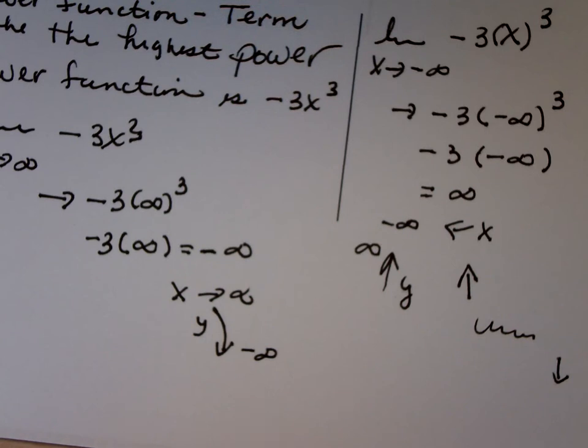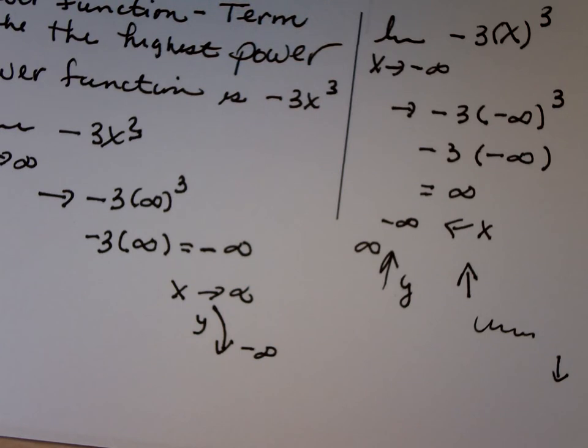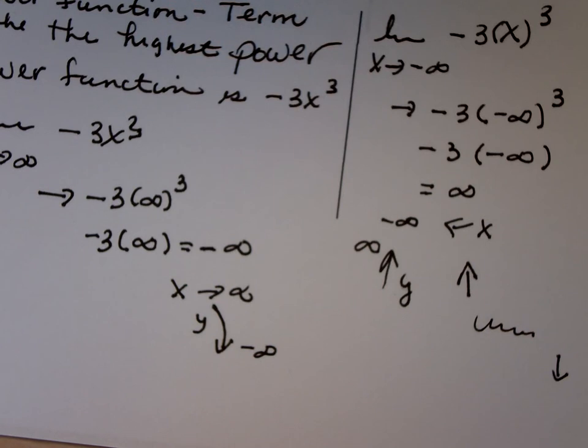So what is it? It's 1 minus x plus 2x squared minus 3x cubed.